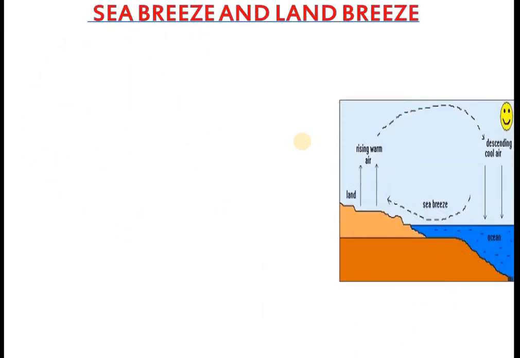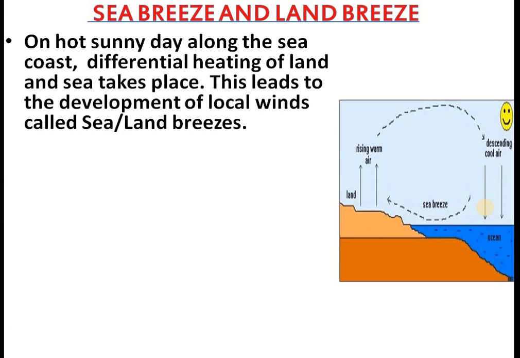And another reason is land breeze and sea breeze. So let us see one by one what is land breeze and what is sea breeze. First, let us talk about sea breeze. Sea breeze, simply said, is a wind which blows from sea to land. Why is this happening?